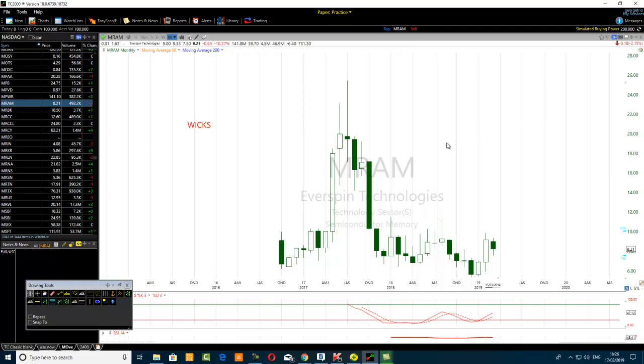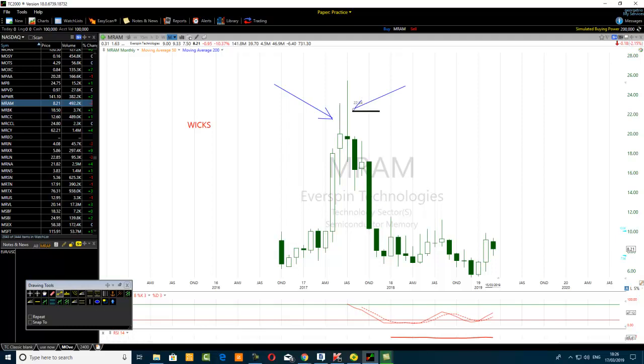Alright. So if you look on this chart, we have a few wicks. There's one there, okay? There's another one there, can you see? Especially if you are using these wicks, you can use them on a monthly chart. Very nice time frame to find those wicks and read them.